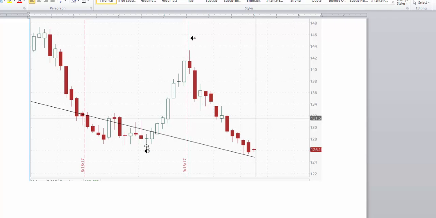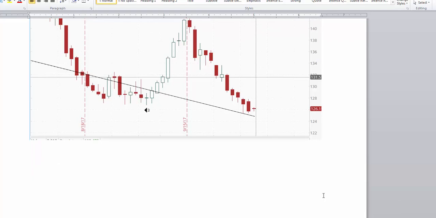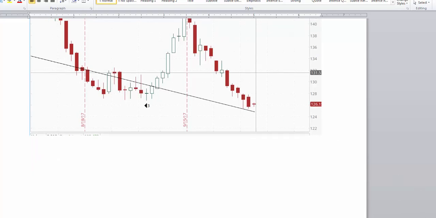It had to go below this point here in order for me to say my 5-point pattern is true. So when prices were here, I said, that's nice, but we're not there yet. We don't have a 5-point pattern yet. I'm not even going to bother looking for a reverse 2P line until prices went down here, or any kind of 2P line.